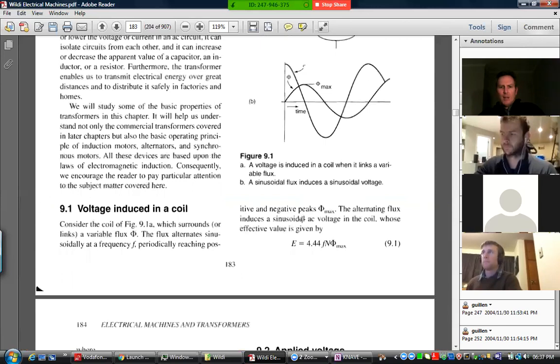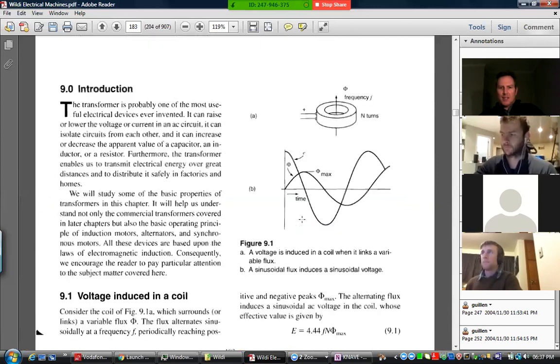Right, I'll try and highlight the important things. Voltage induced in a coil when it links a variable flux. I'm not going to go back to it, but you might remember from the Bird section where there was talk about the relationship between a voltage and a flux. You remember for induction, there was V equals N d flux by dt.